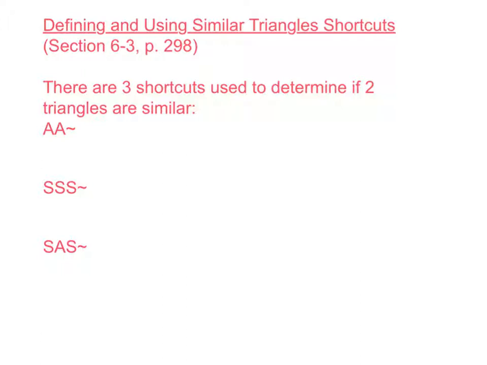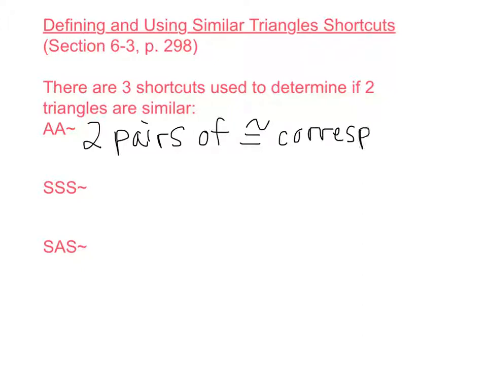And you guys, that means basically that if two pairs of angles are known as congruent, and those are congruent and corresponding angles, okay? If we know that two pairs of corresponding angles are congruent, then we can assume that the triangles are similar.